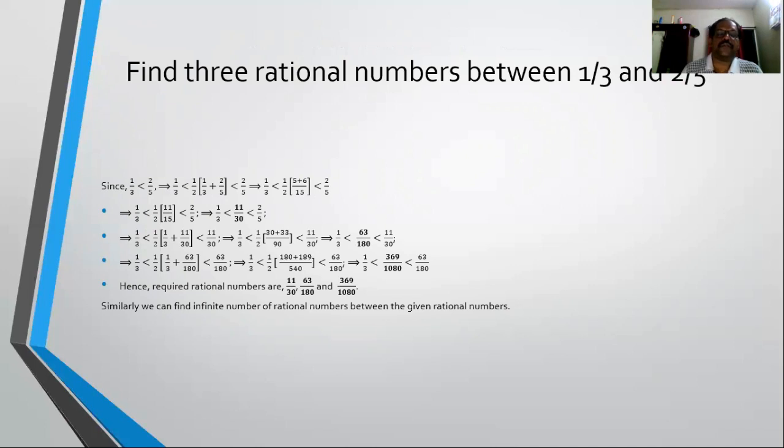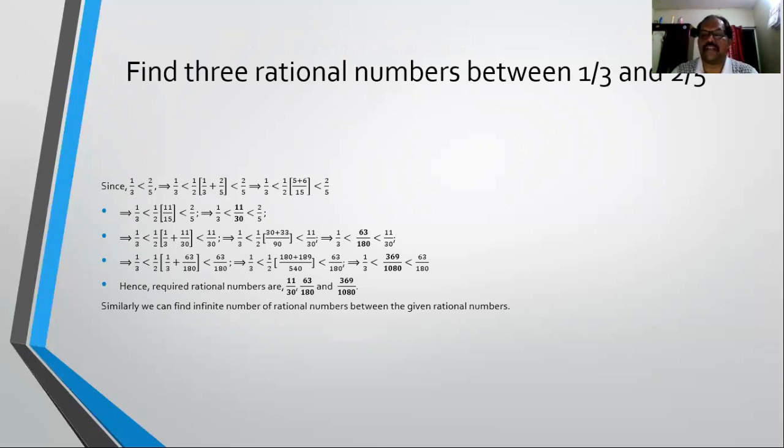So here you are asked to find three rational numbers between 1 by 3 and 2 by 5. Okay, the numbers are given as 1 by 3 and 2 by 5. So how can it be calculated? Again, simply we are applying the denseness property here, the denseness theorem. What is it again?